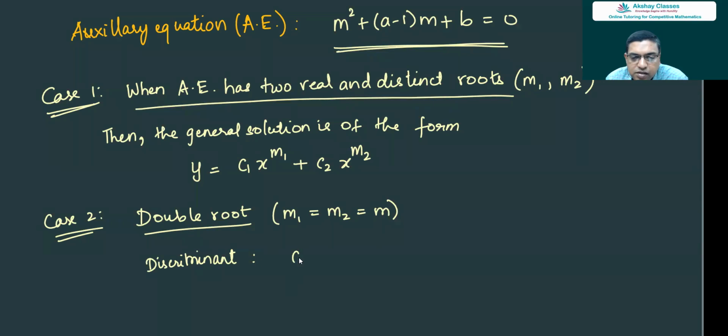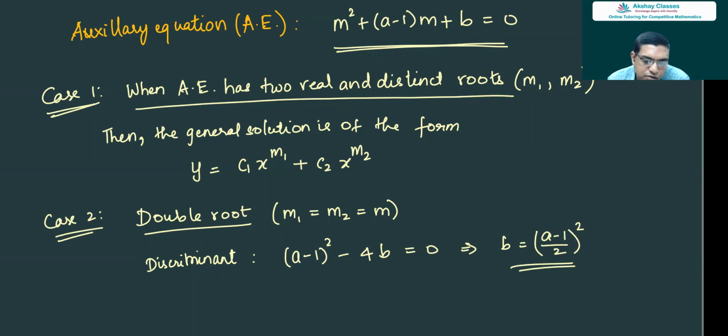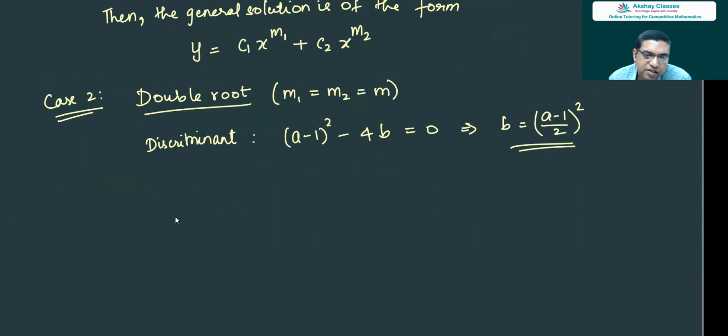So (a minus 1) square minus 4b equal to 0. So we get b is equal to a minus 1 upon 2 the whole square. b should be like that from this. Then this condition comes.